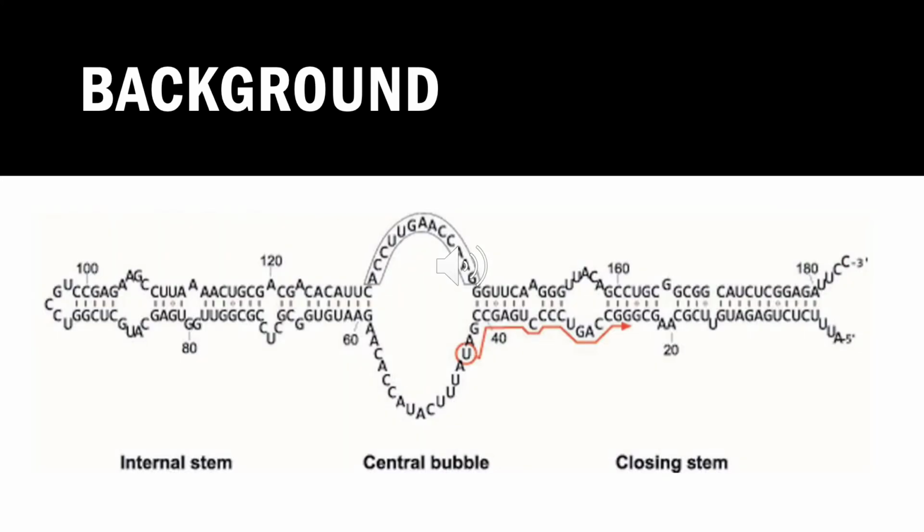Okay, so this slide is just a super quick background, and I just wanted to briefly go over this. What you're looking at here is the diagram of the 6S RNA.